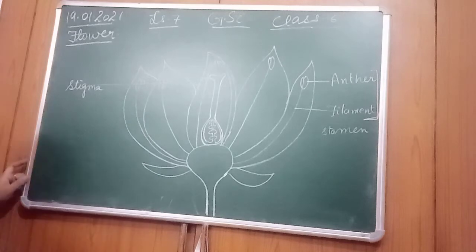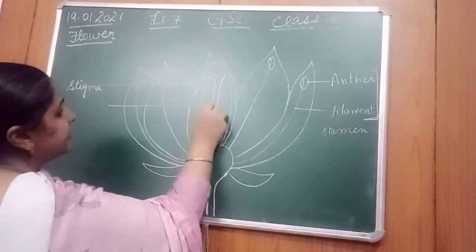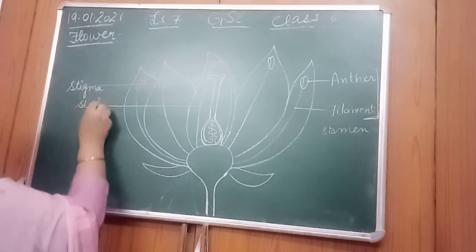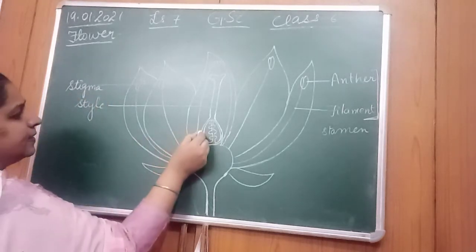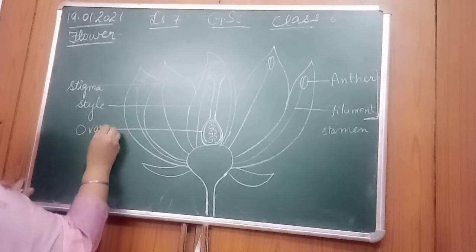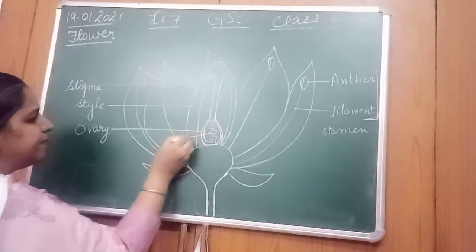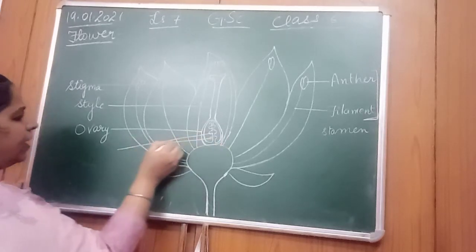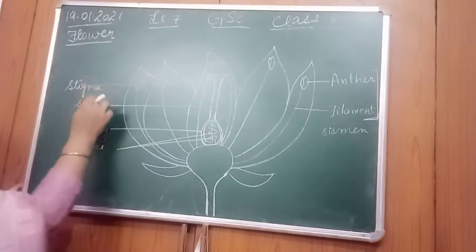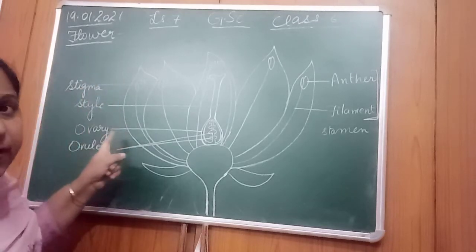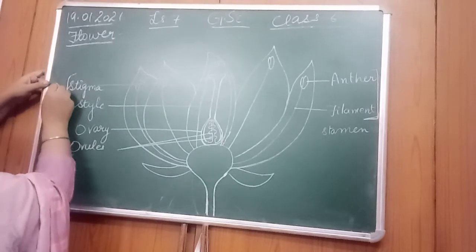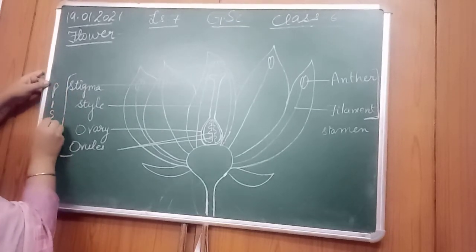Then style, this long tube from which the pollen grain passes is style. Then this is ovary. Then these are female gametes called ovules. These are the 4 female reproductive parts, and together female reproductive part is known as pistil.